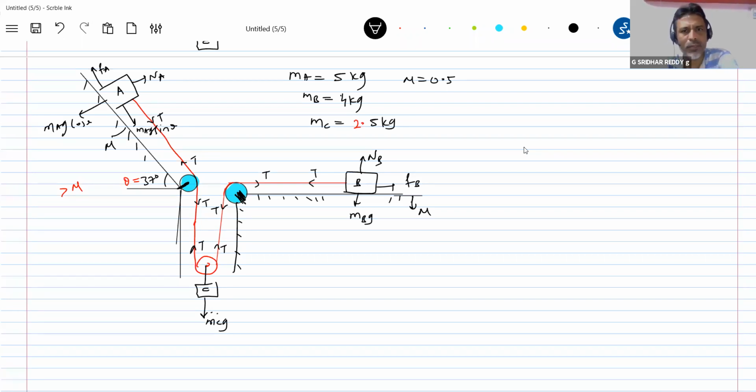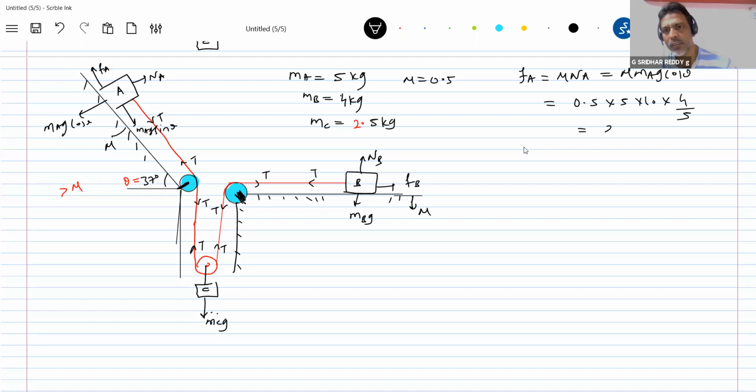Let's have some values of friction in hand; it will be easy for us. FA is mu NA, which is mu MAG cos theta. The value of mu is 0.5, so 0.5 times 5 times 10 times cos 37, which is 4 by 5. So this will be 20 Newton.